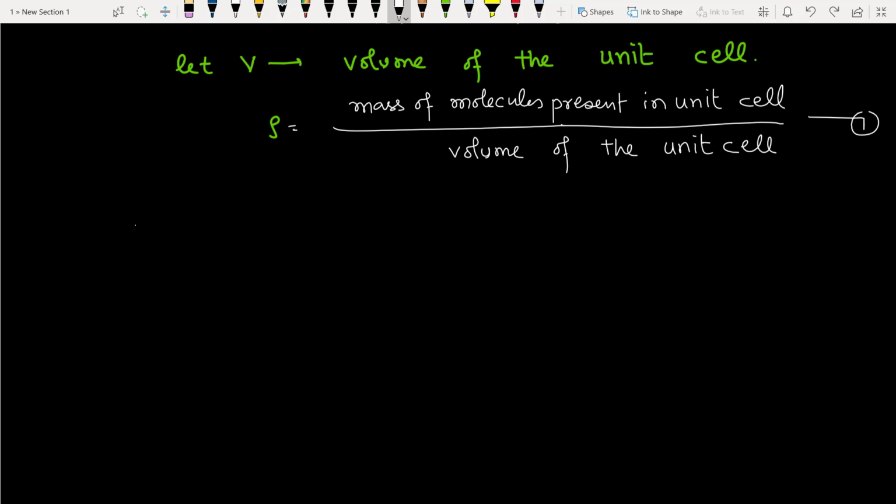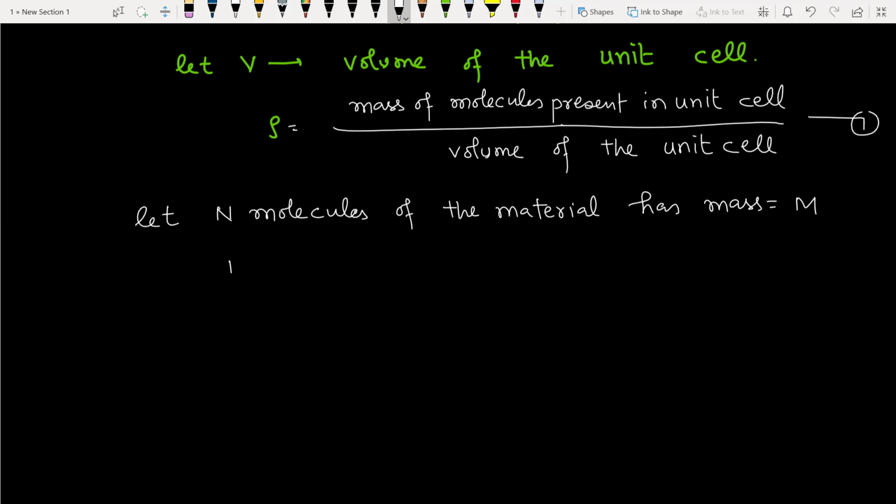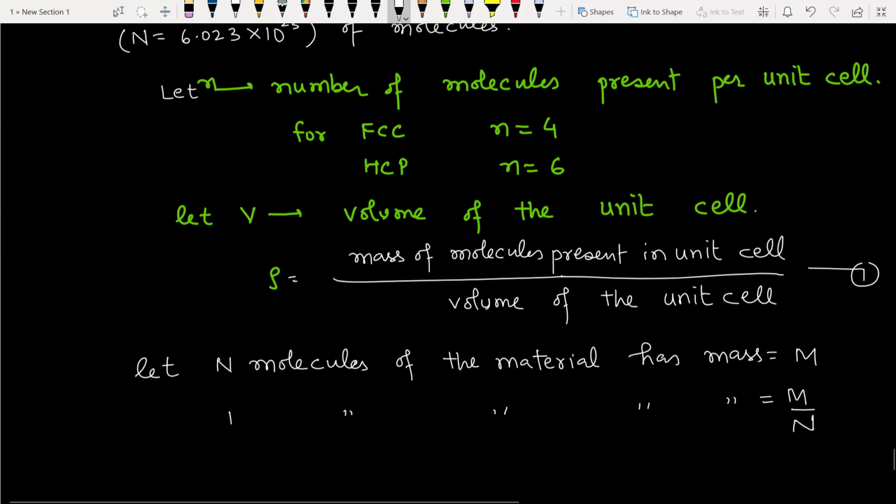Capital N molecules of the material, N being Avogadro number, has mass capital M. One molecule of the material has mass M upon capital N. And how many molecules do we have in a unit cell?